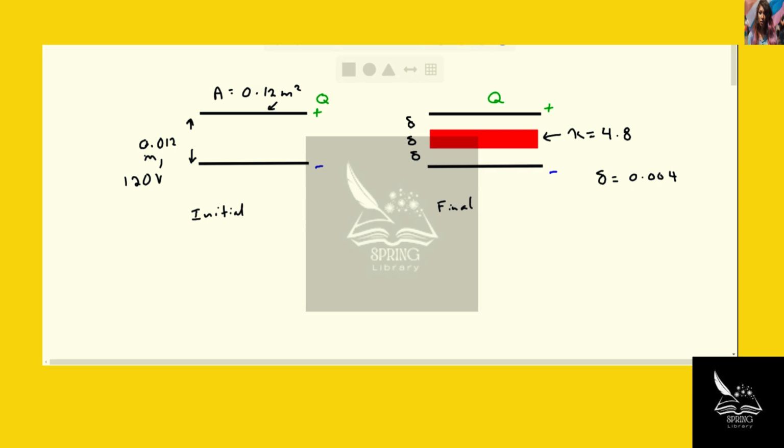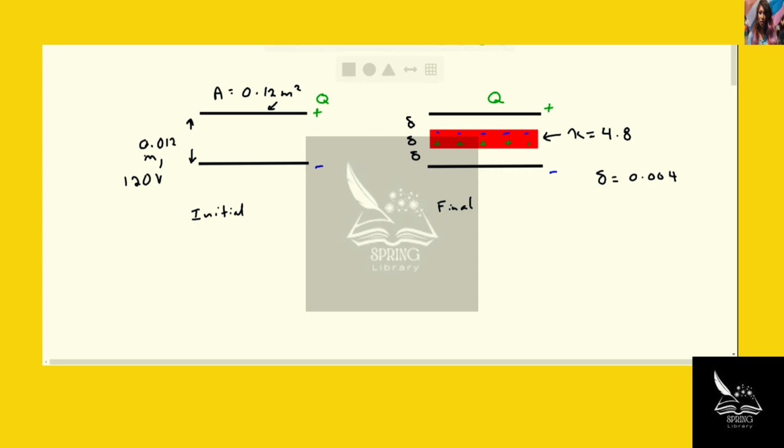But in either case, the capacitance is going to change because of the bound charge that builds up on that dielectric. It actually has an electric field inside of it that propels charges to go to the surface. That's called bound charge.